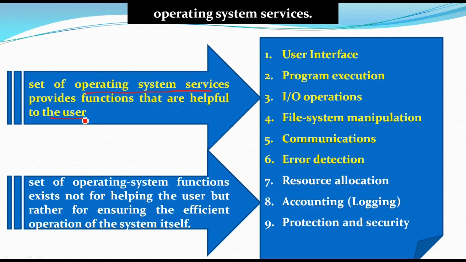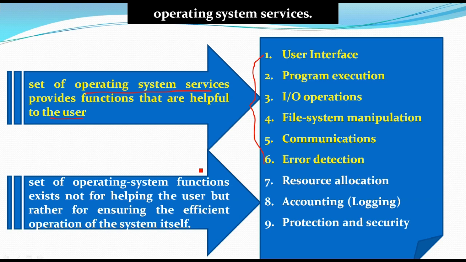The starting six services, 1 to 6, are helpful for the user, whereas the remaining three, resource allocation, accounting, and protection and security, are the functions which are helpful for the system and its operations. We will talk about these services one by one, starting with the six related to the user, and these functions are helpful for the users.